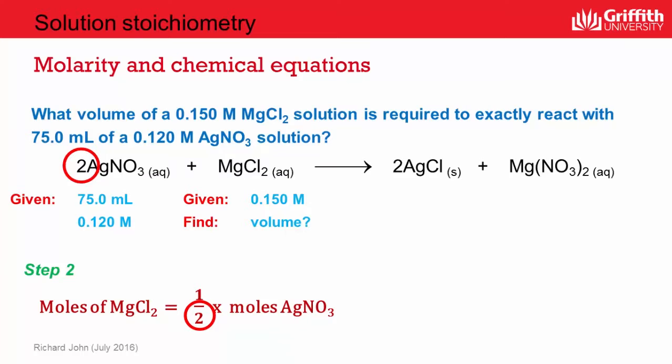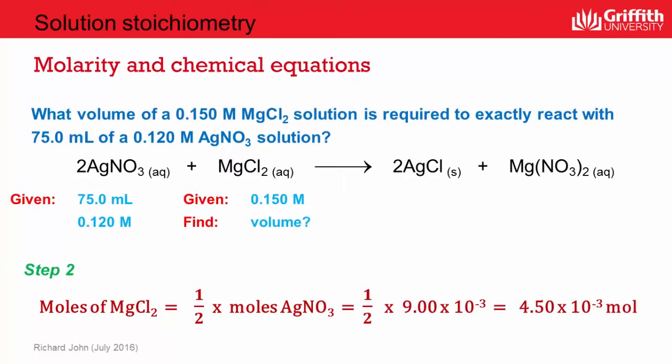So it's the stoichiometric coefficient of the substance you've been asked to find information about, divided by the stoichiometric coefficient of the substance you've been given information about. So a half times the moles of silver nitrate equals a half times the 9.00 by 10 to the minus 3. We calculated that in step 1, and when we plug that into our calculator, we get 4.50 by 10 to the minus 3 moles of magnesium chloride.